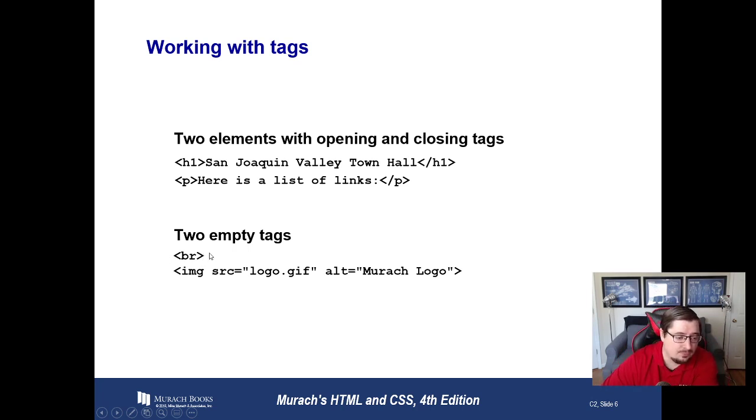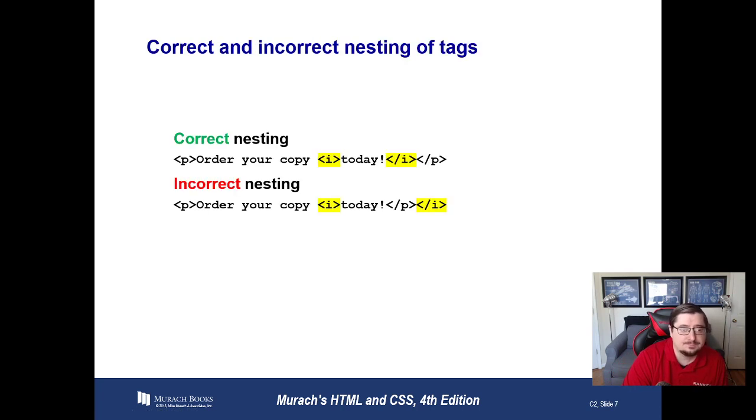BR, for break row, does not have a closing tag. The image tag as well does not have a closing tag. That's basically because the way we specify the image that actually displays it is with this little source equals blah. That's the actual content of the image we're showing.